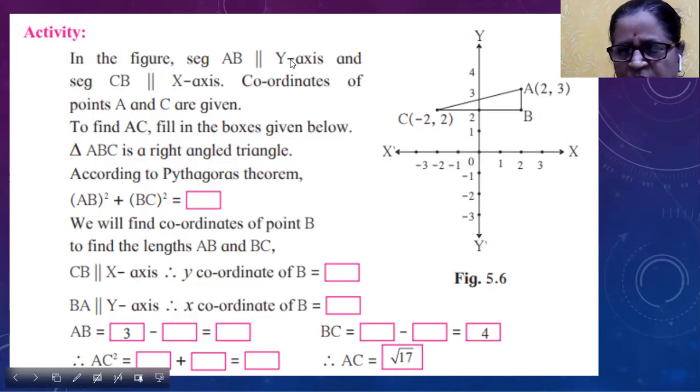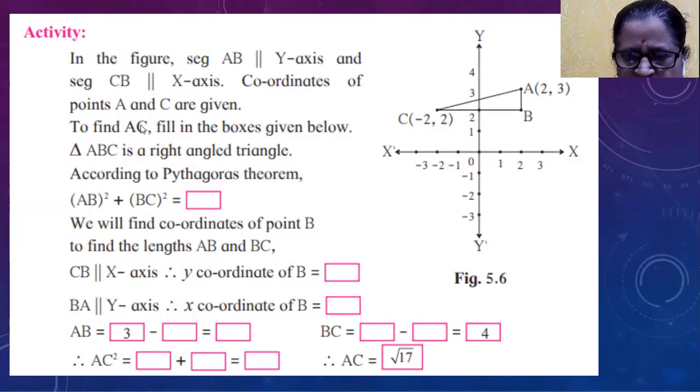This AB is parallel to the y-axis, and this BC is parallel to the x-axis, and points A and B are given here. The coordinates of A and the coordinates of B are given, and C is given. To find AC, fill in the boxes given below.